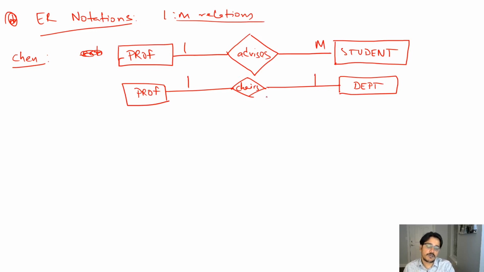What is important for you to remember is rectangular boxes represent entities. You write your relationship labels within these diamond boxes, and then you connect them, and on the connectors you specify your relationship type.